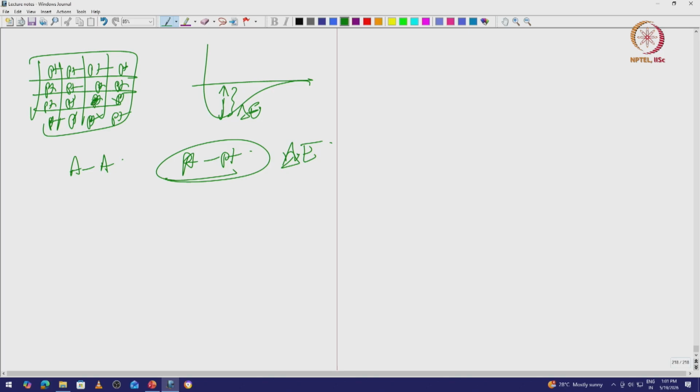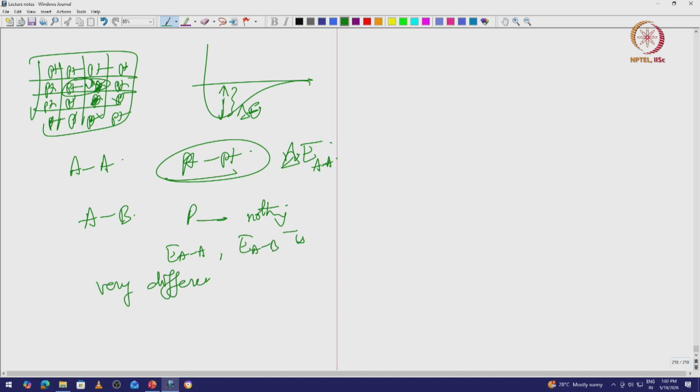But instead of platinum, let us say I put a vacancy here, right. Then I have AB, which is not really, I mean, platinum is bonding to nothing, right. So that's a different delta E, E_AA, and so this is essentially 0. E_AB is very different from E_AA, right. So as a result, I cannot model this with an ideal solution. When I put a vacancy here, platinum is not interacting with anything, so there is no interaction.